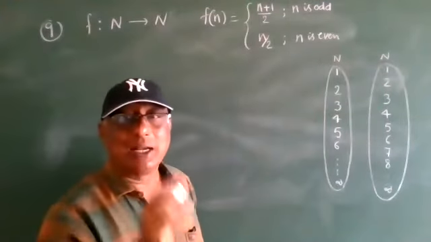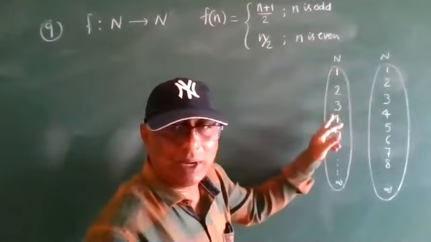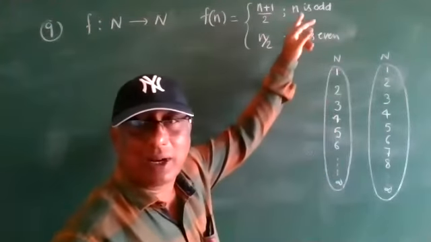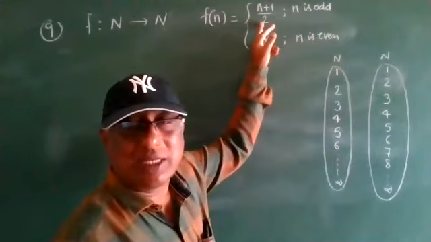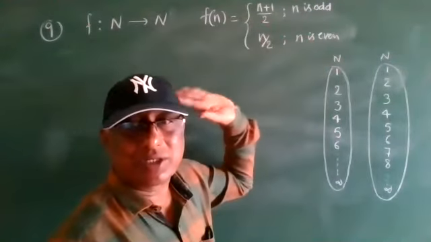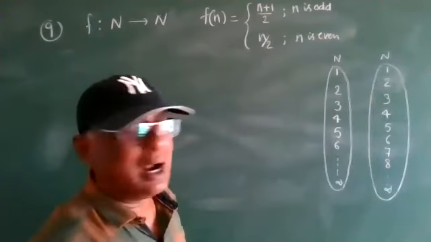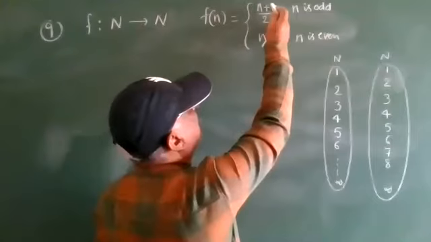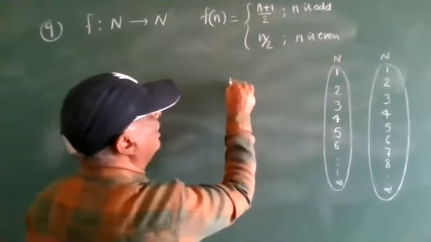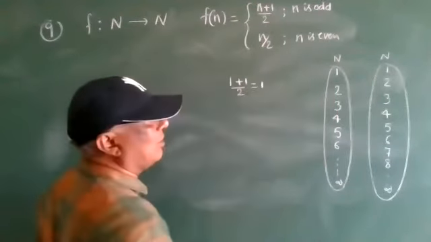Now, what are the odd numbers? 1 is an odd number, 3 is an odd number, 5 is an odd number. For odd numbers, use this definition; for even numbers, use that one. For 1: (1 plus 1) by 2 is 1.